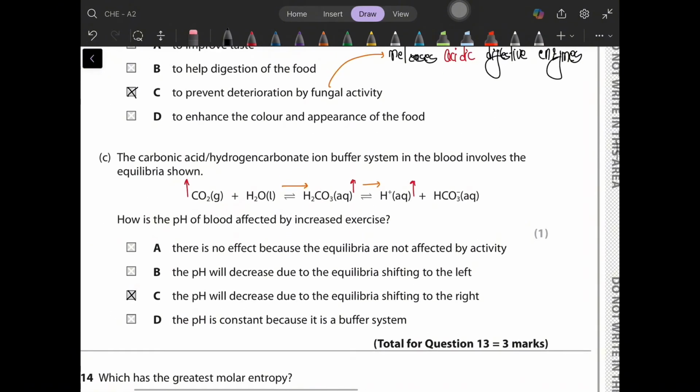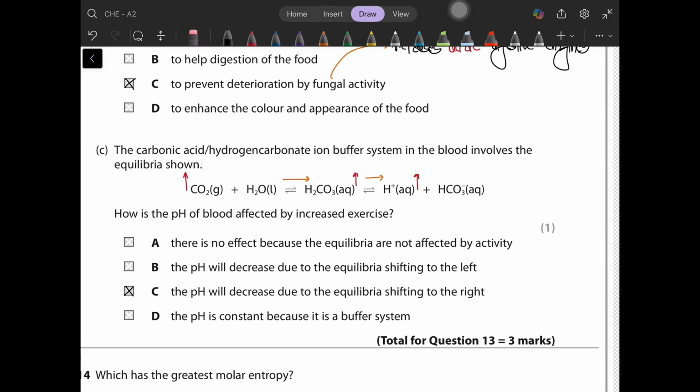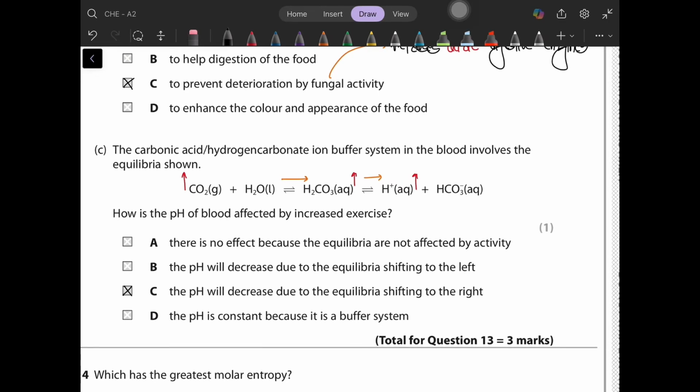Moving on to the next question. The carbonic acid hydrogen carbonate ion buffer system in the blood involves the equilibrium as shown. How is the pH of the blood affected by exercise, right? So when you're carrying out exercise, you're carrying out aerobic respiration, right? Biology students, please. So when you're carrying out aerobic respiration, you're going to produce carbon dioxide, right?